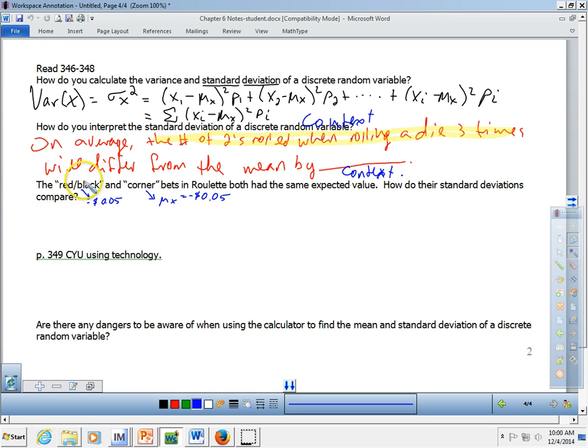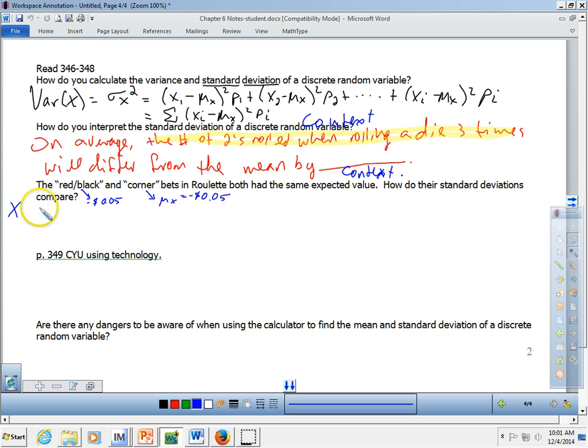Let's take a look at how their standard deviations might compare. Now, we need to understand what happens when you place a bet on either red or black. So X is in terms of betting red or black. If you bet red, X is the number of red numbers there are, right?